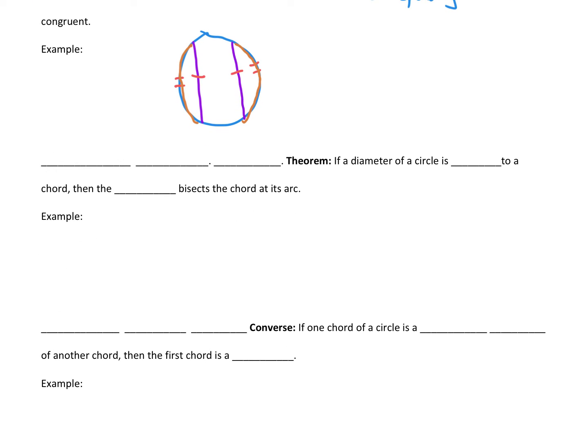Next is the perpendicular chord bisector theorem, which says that if the diameter of a circle is perpendicular to a chord, then the diameter bisects the chord and its arc.